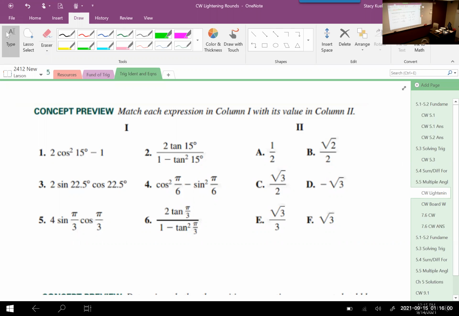Are we solving these or just like, are we solving the equation or just evaluating it? It has the answer, match the answers to the equation. I understand that, but like, are we solving for x or with this?